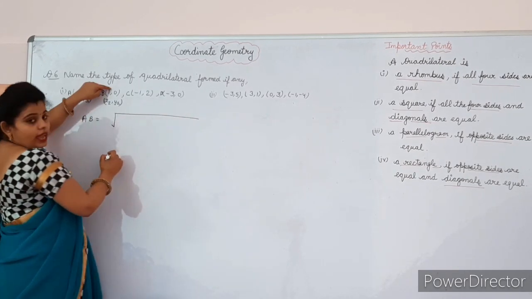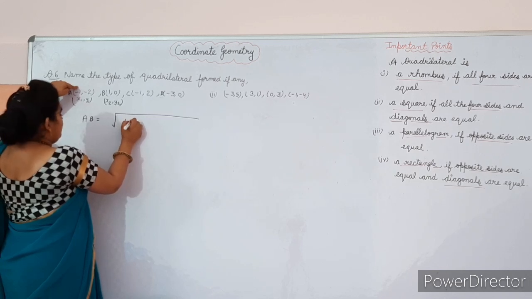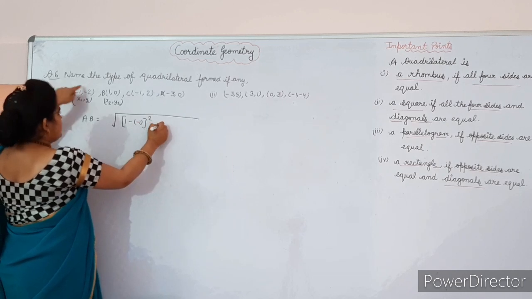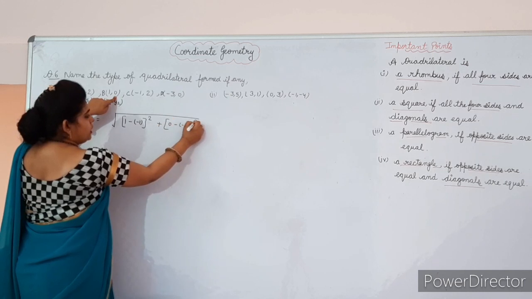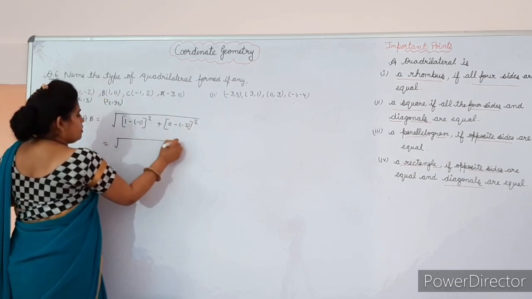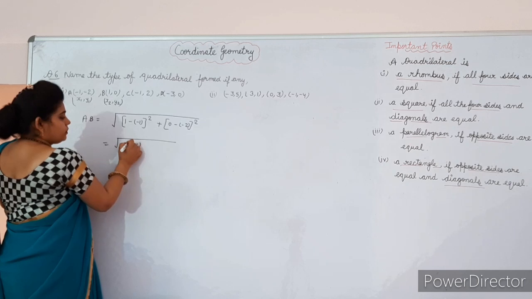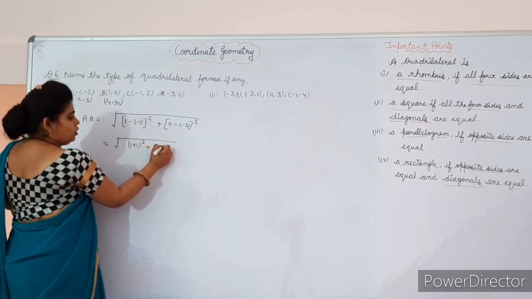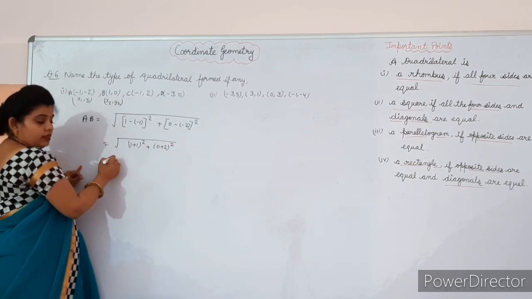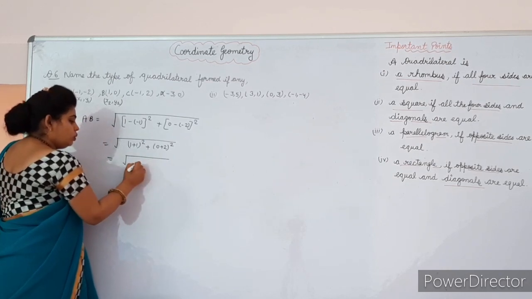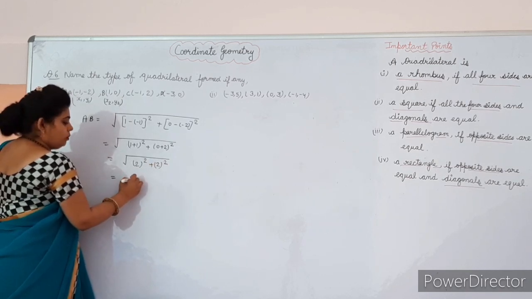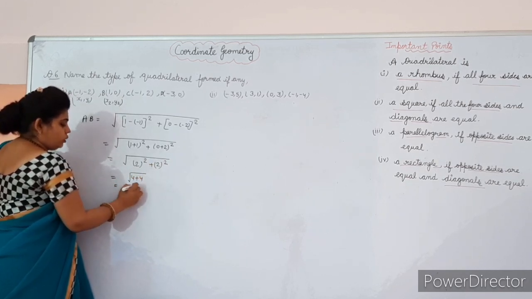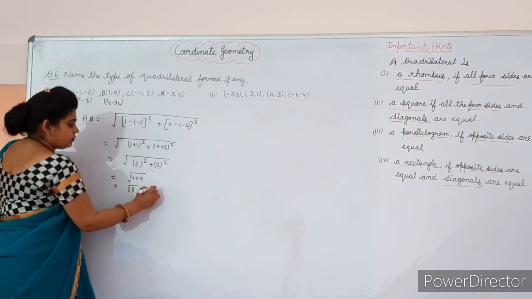AB will equal to square root of (x2 minus x1) means (1 minus minus 1) whole square plus (0 minus minus 2) whole square, then (1 plus 1) whole square plus (0 plus 2) whole square. 1 plus 1 is 2, 2 square plus 2 square, 4 plus 4, square root 8 units.